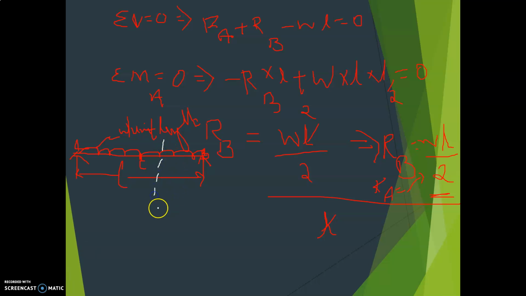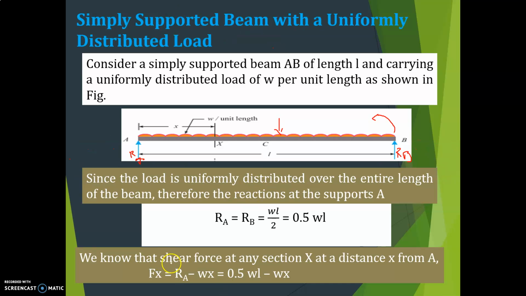Now I will consider a section here, at a distance of x from A. Now I have to calculate the shear force at this section. We know that the shear force at any section at a distance x from A is equal to RA minus Wx.